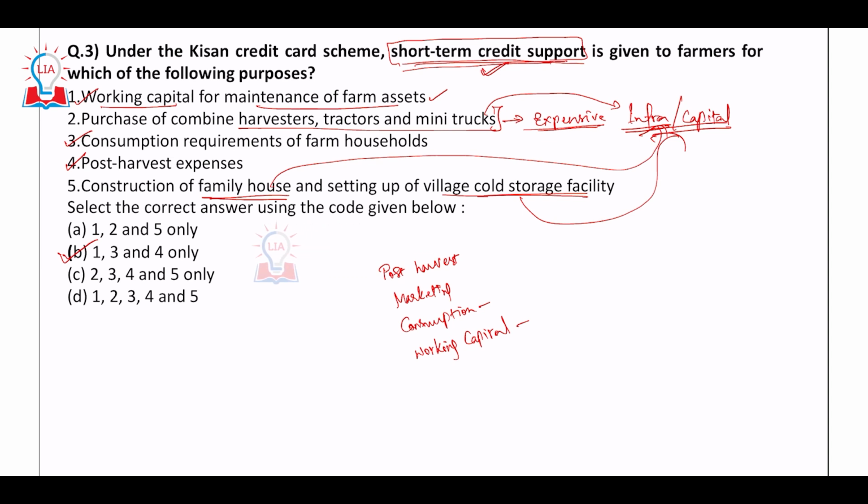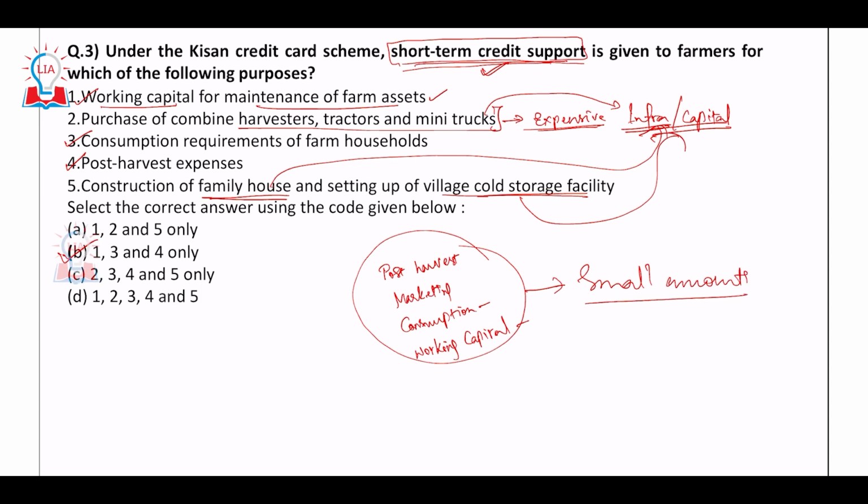So this is basically for small levels of credit. Small amounts of credit will be given under the KCC scheme, not the larger ones. So easily with that understanding, you can eliminate 2 and 5, right? That would be huge amounts of money required as credit for those two purposes.